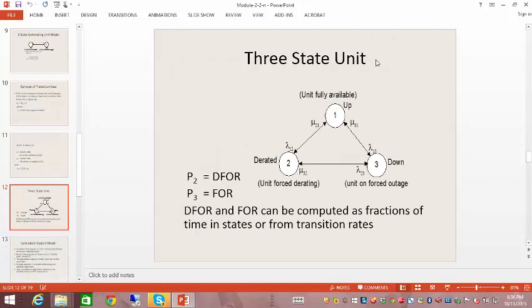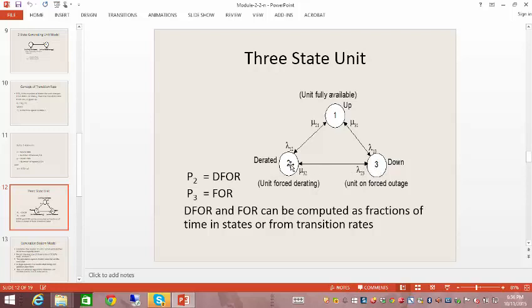For three-state units, you may have a diagram like this. This state represents the unit is fully available. This state is the state of partial capacity, and this state is the state of zero capacity.